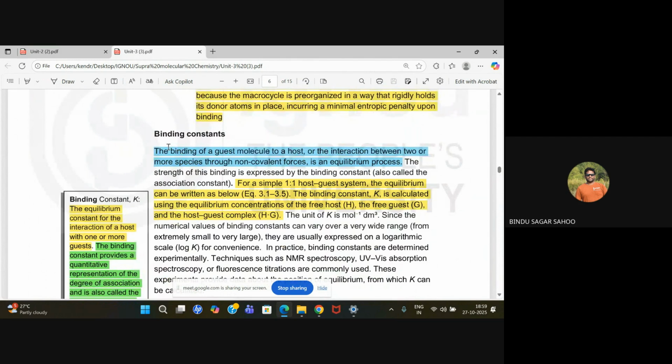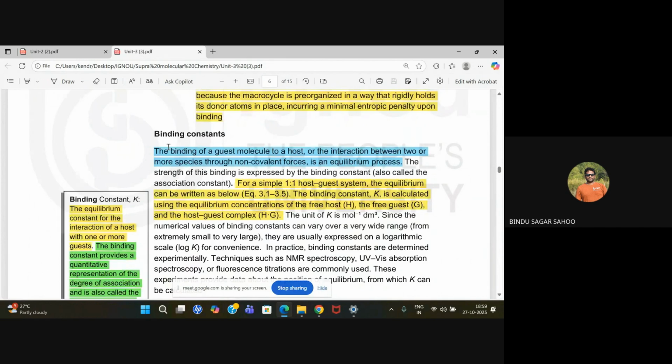That means the host and guest can combine, and under favorable conditions they can also separate to form the initial reactants. So the strength of this binding is expressed by the binding constant. If the binding constant value is larger, the host-guest binding, the strength between the host and guest, will be greater.